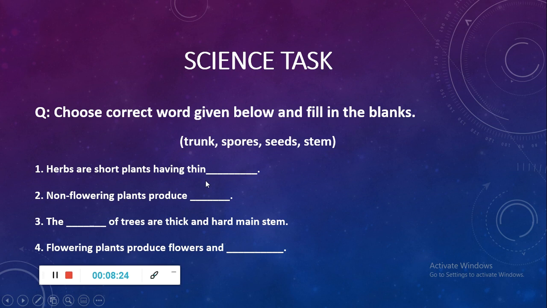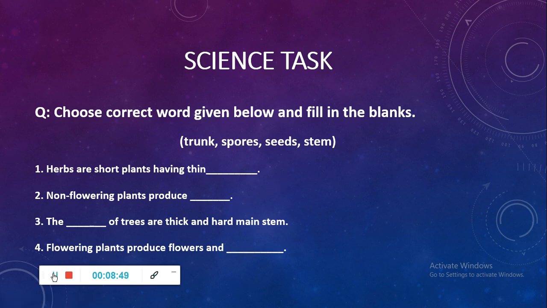I'm not going to tell you the correct answers now. Non-flowering plants produce dash. The dash of trees is the thick and hard main stem. Flowering plants produce flower and dash.